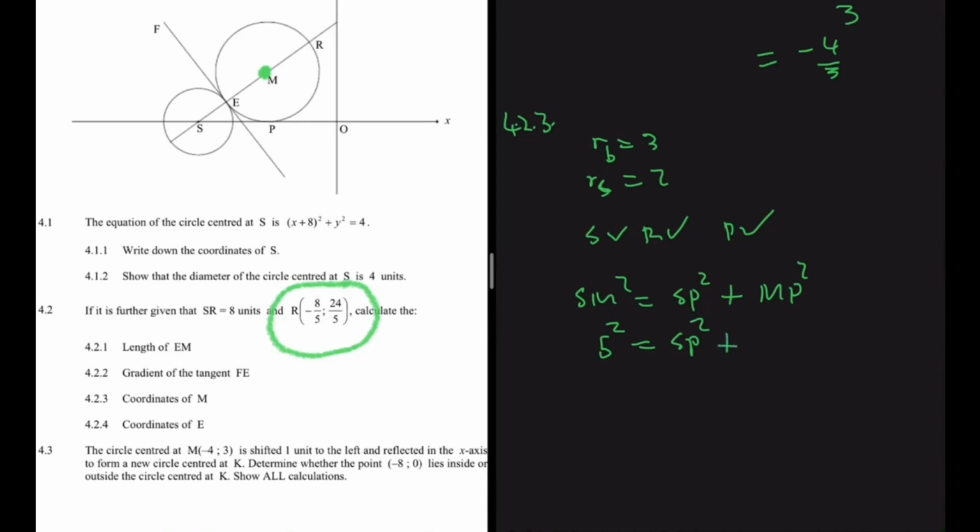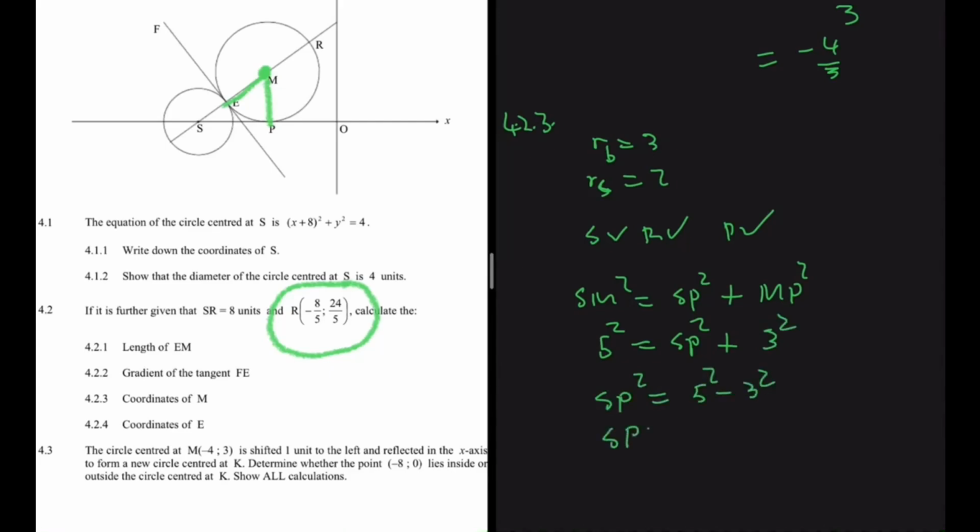And then plus MP squared. MP squared is EM squared because they're all radii, right? From M to E, that's the radius. From M to P, that's the radius. So we have the radius is 3, so we have 3 squared, right? So SP squared is basically 5 squared minus 3 squared, right?